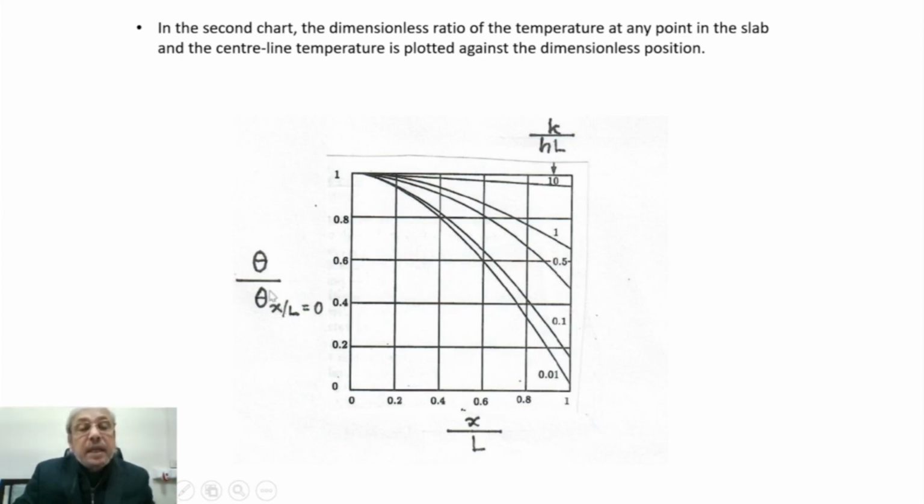Here we get that central line temperature taking this as the denominator, and theta at any x location in the slab can be obtained if we plot theta by theta at x by L equal to 0 versus x by L, and again inverse of Bi number has been kept as a parameter. So this is the second part of the slab chart.